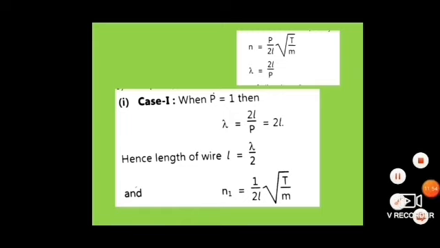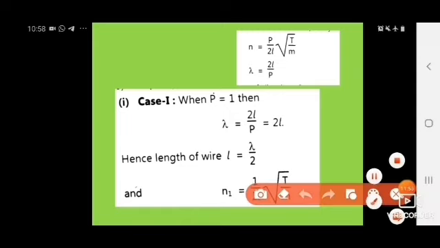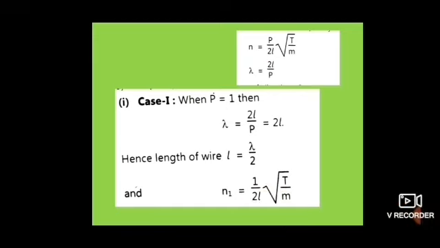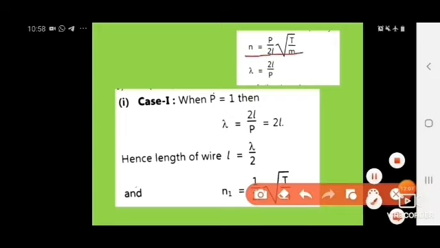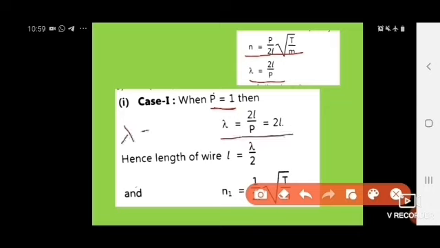We have the standard formula for the frequency of the string, n = p/2L × √(T/m), and λ = 2L/p. If we put p = 1, we get λ = 2L/1, which is equal to 2L.